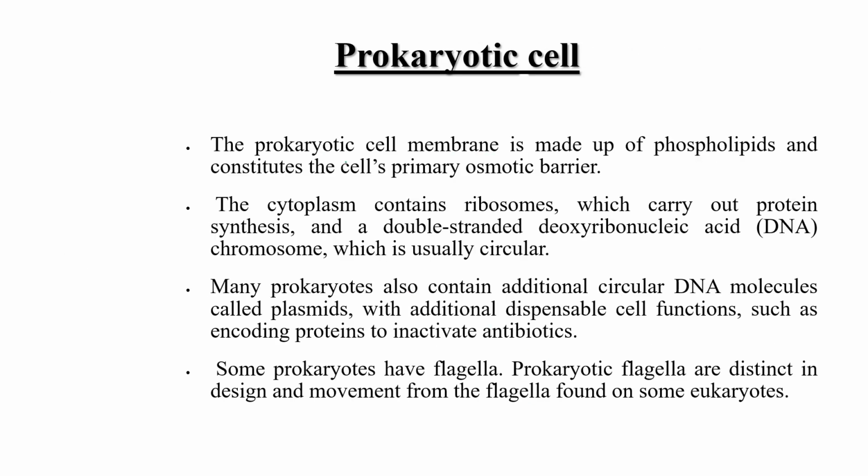And the prokaryote's outer covering is the cell membrane, right? This cell membrane is made up of phospholipid. Okay, and this cell membrane acts as a primary osmotic barrier. It allows only certain kinds of molecules to come inside the cell.